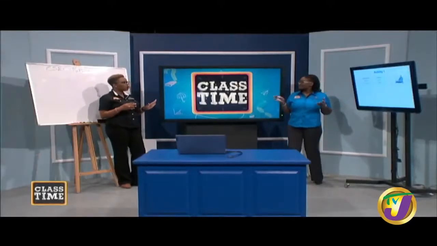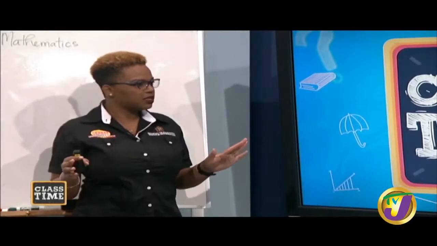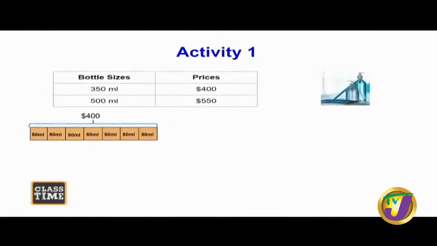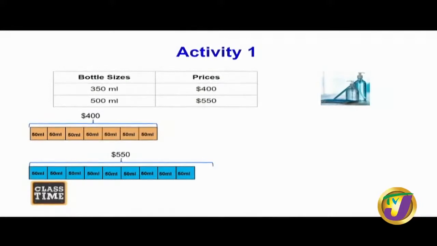So we're looking at how much you would pay for each 50 milliliters in each bottle. For $400, which is the 350 ml, we can get 7 parcels of 50 milliliters. And in the 500 ml, which is $550, we can get 10 parcels of 50 milliliters.